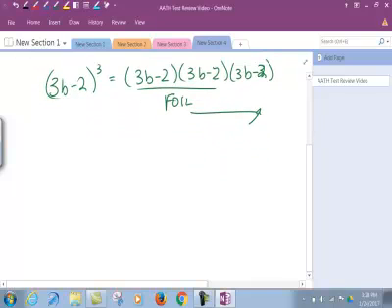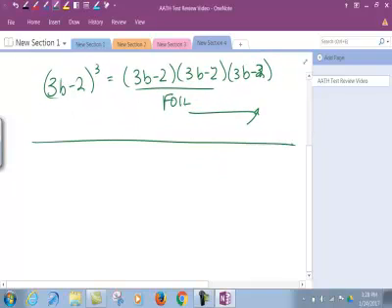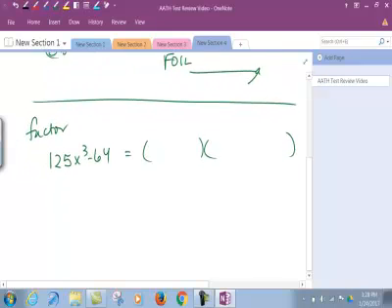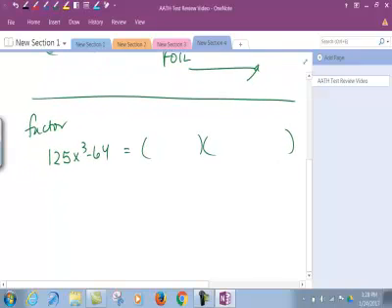Okay, great. Then, after multiplying, we're going to do the reverse, and we're going to factor. And so you're going to have either the sum or difference of cubes. So this is an example of the difference of cubes. Right away you write two sets of parentheses, and the first one is simply 5x minus 4.